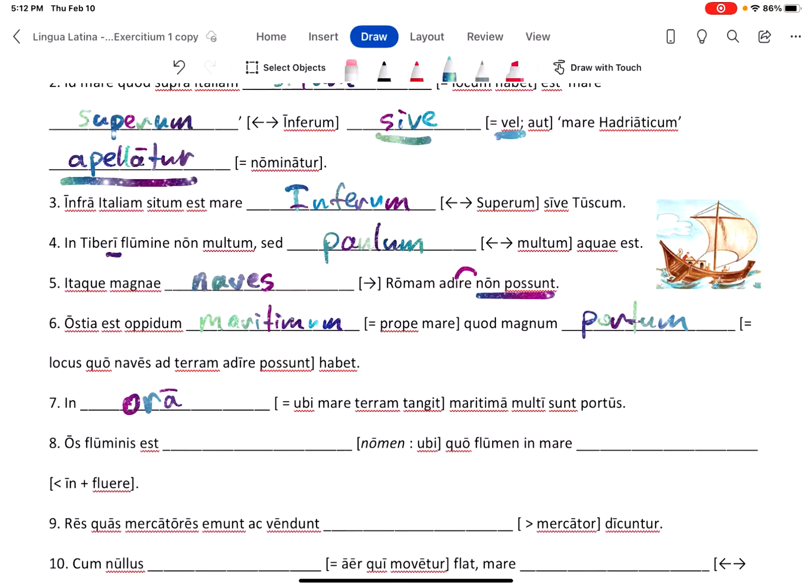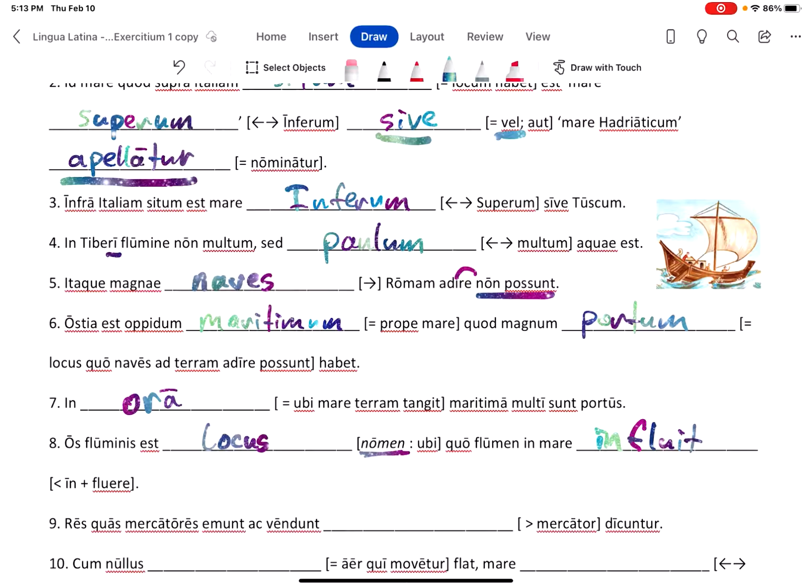Os fluminis est locus, right? This is the substantive noun form of the question, right? Where, ubi, where, the adverb where. Os, the mouth of the river, is a place, a locus, quo, in which, flumen in mare influit. And influere means to flow into.